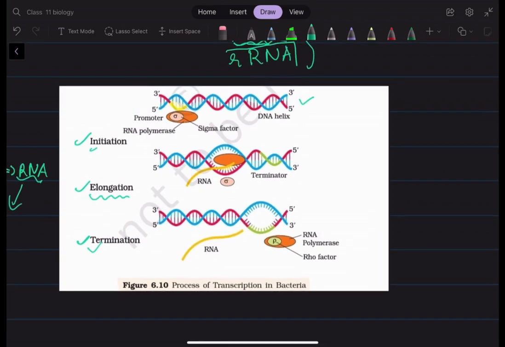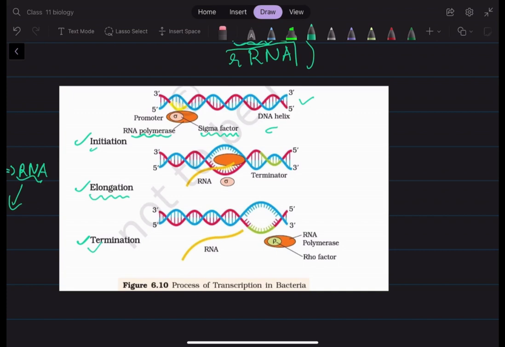So initiation requires an initiation factor, whereas termination requires a termination factor. The initiation factor over here is the sigma factor. This sigma factor helps to find the coding sequence to start off with. First it attaches itself with the RNA polymerase, and that's when the initiation begins.